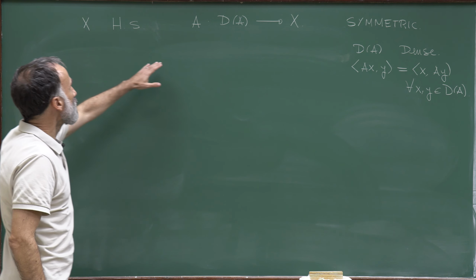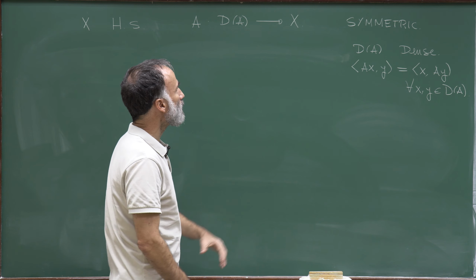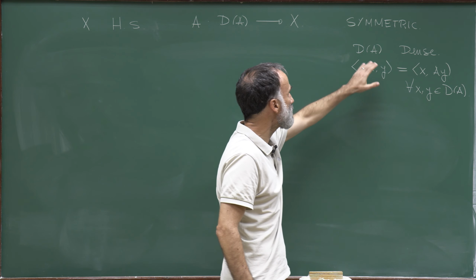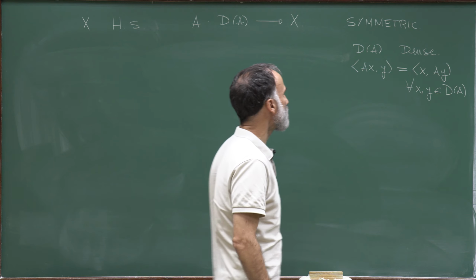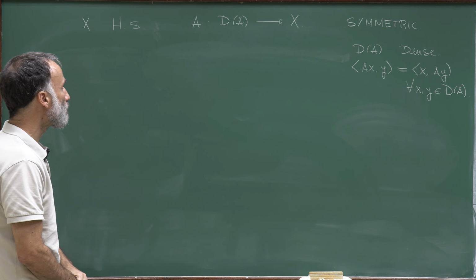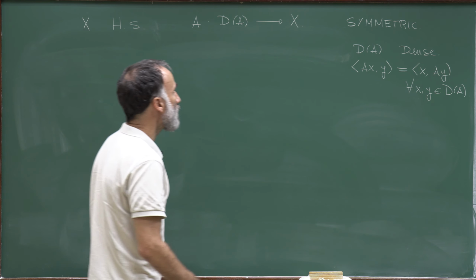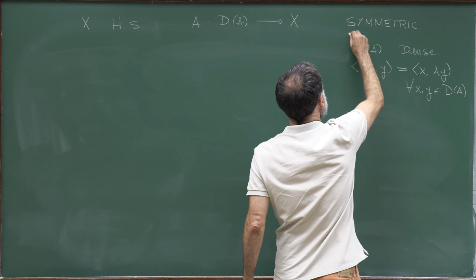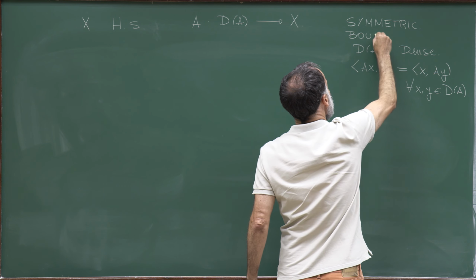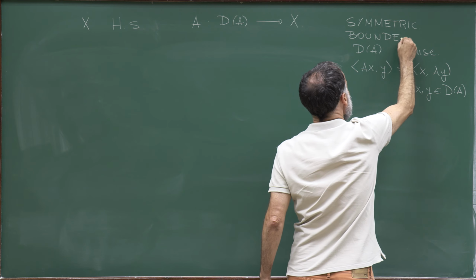So we have a linear operator A defined on a linear subspace, which is dense, and the operator satisfies this identity. Now I will add one property. I will assume that this operator is also bounded.